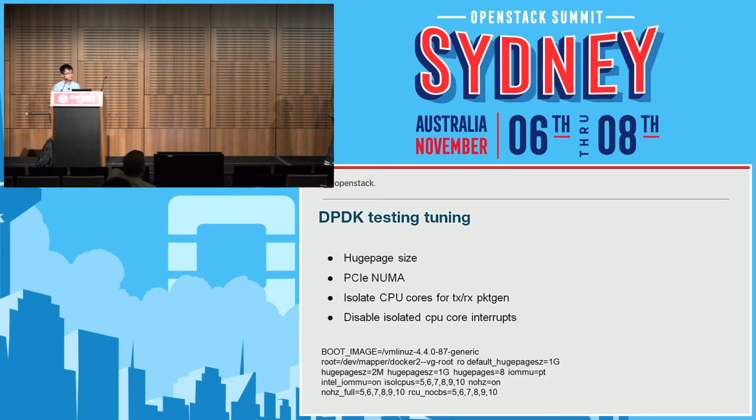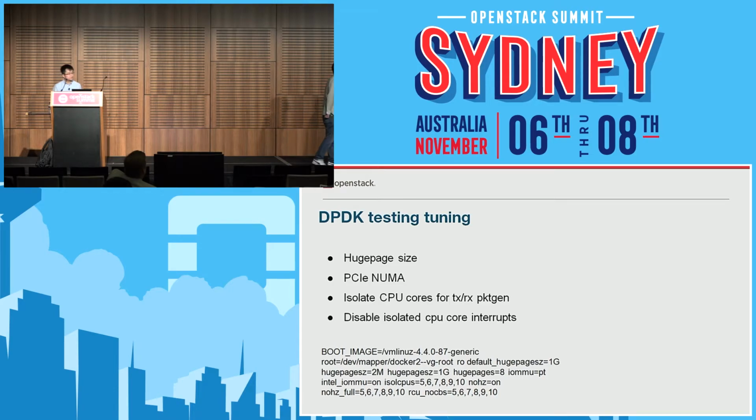The Ethernet card and the CPU for processing the DPDK application should be in the same NUMA. So you have to do this manually. And in the future, we could use Zun to detect the physical hardware configurations.